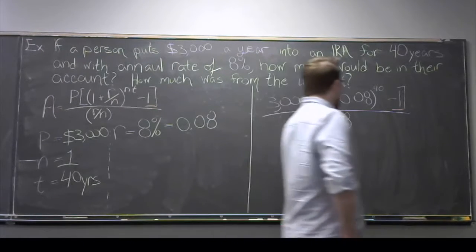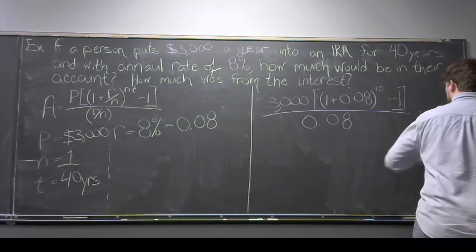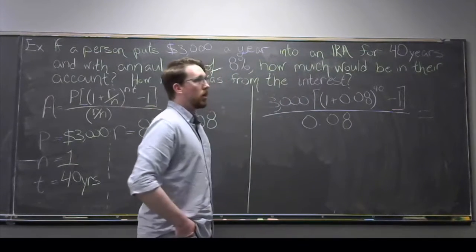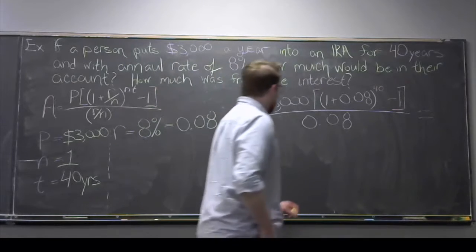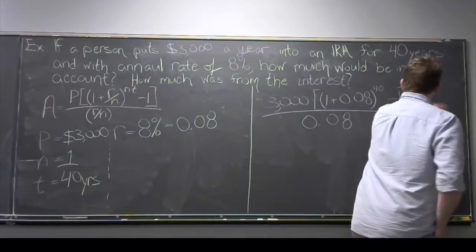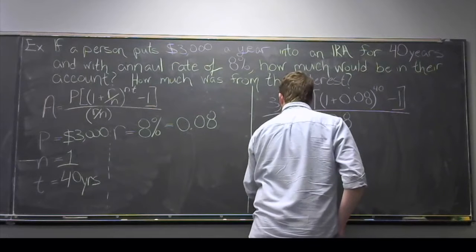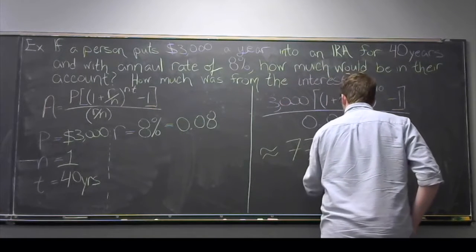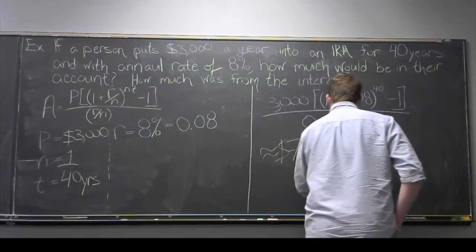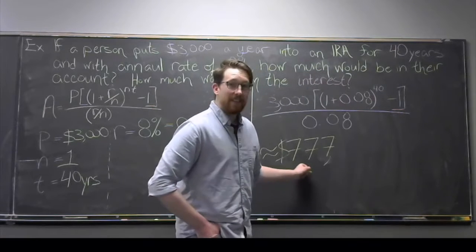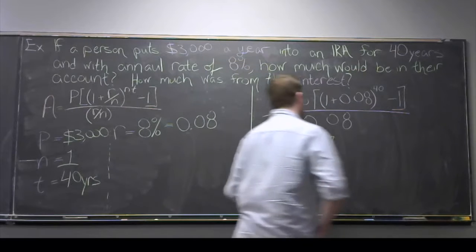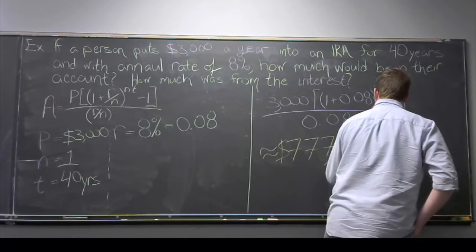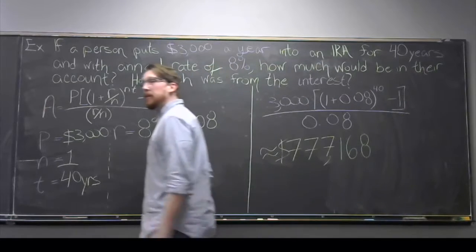But when we go through and do all the arithmetic, what we're left with is approximately $777,169 in that account.